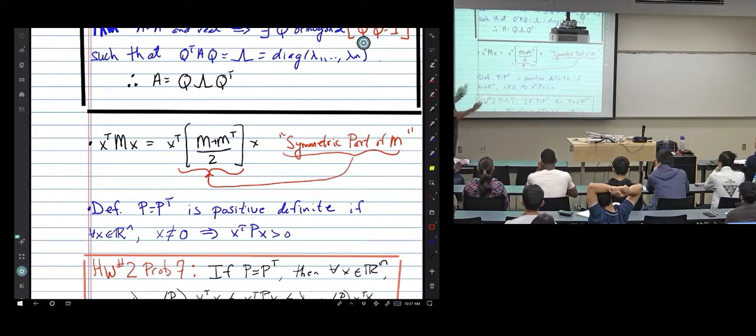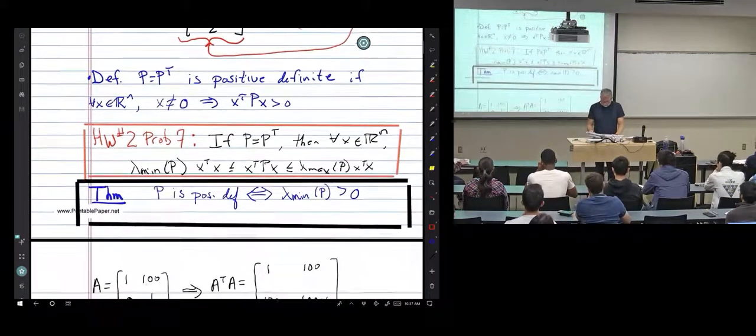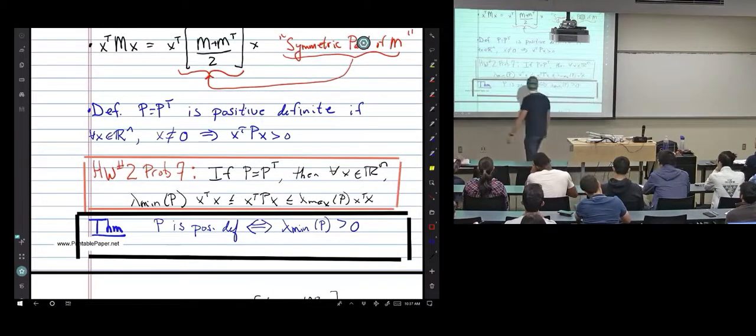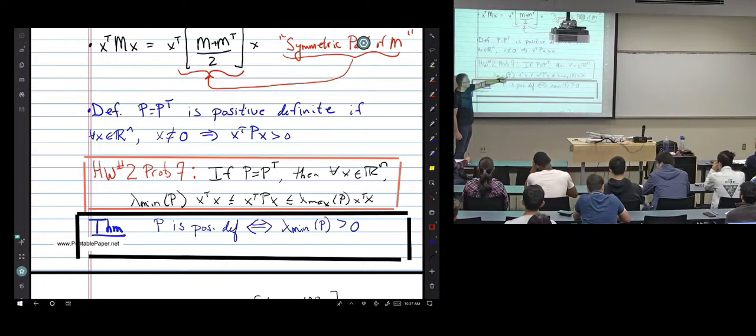Okay, so these matrices that are positive definite, I had set you up earlier in the term in your homework to study them as an exercise in Lagrange multipliers, and you actually got bounds essentially of the type X transpose PX is lower bounded by the smallest eigenvalue of P. Remember, P is symmetric, so its eigenvalues are real, and so a minimum exists.